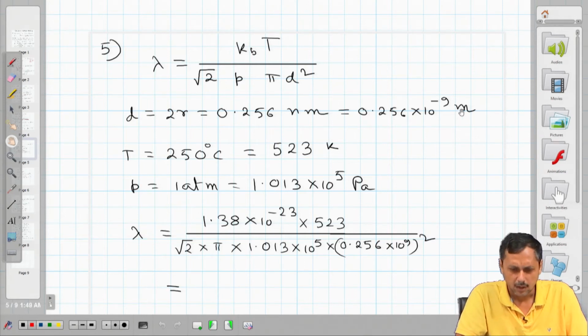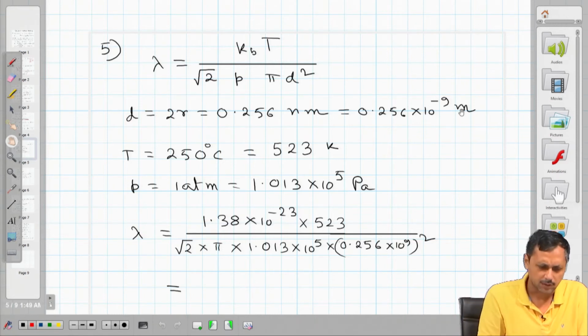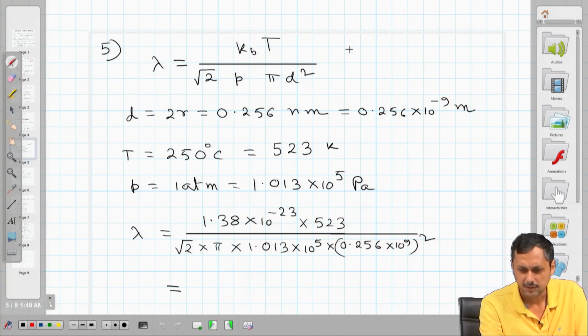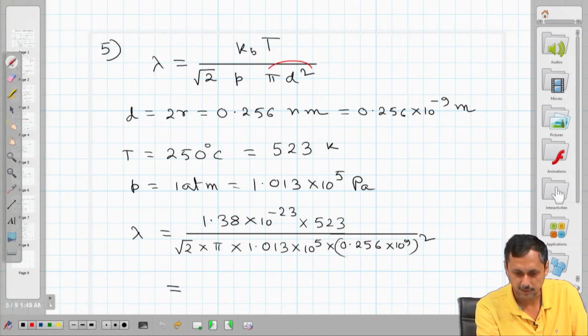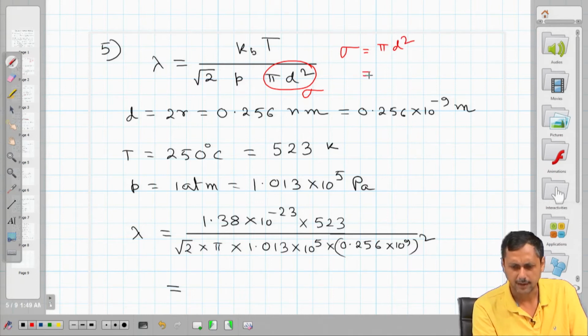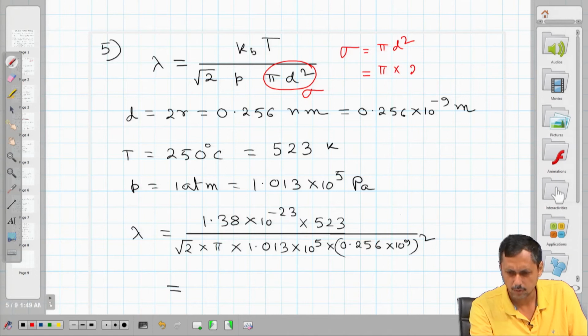Alternatively, we can simply compute the collision cross section, sigma, which is equal to pi d square, and this will be given by pi into 0.256 into 10 to the power minus 9 whole square.